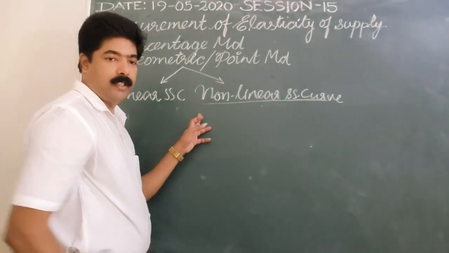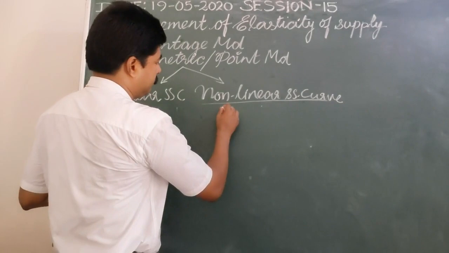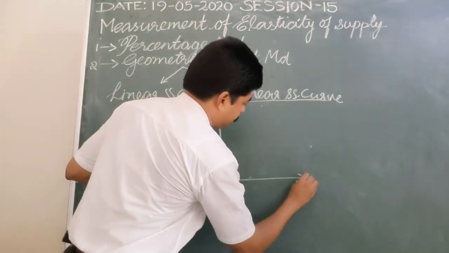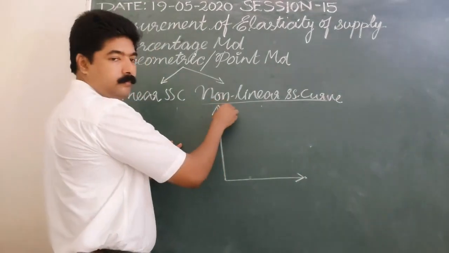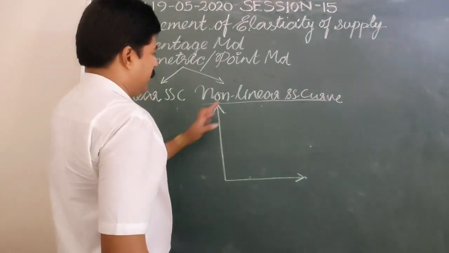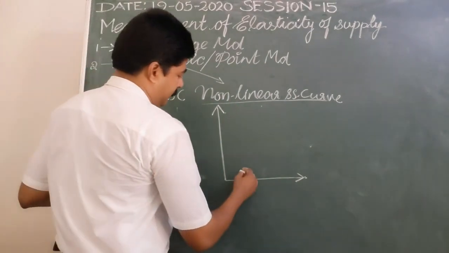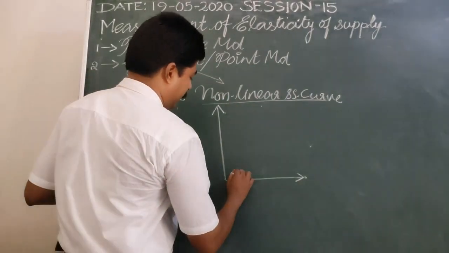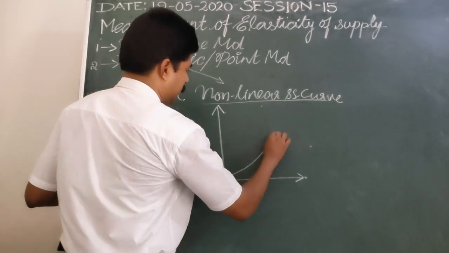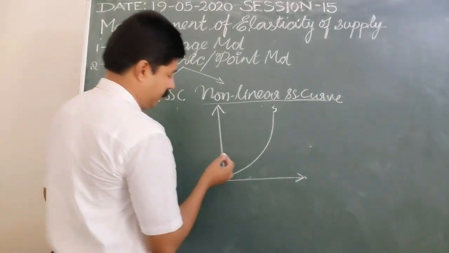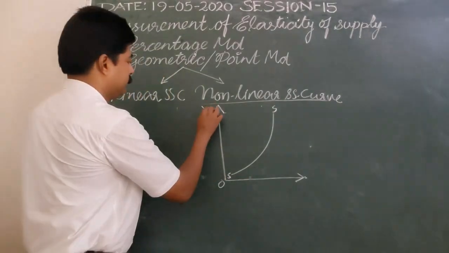Non-linear supply curve, I am just drawing a diagram. You can also draw it. Supply curve is not a straight line, it is curved in nature. So you write like this: S, positive sloping supply curve.